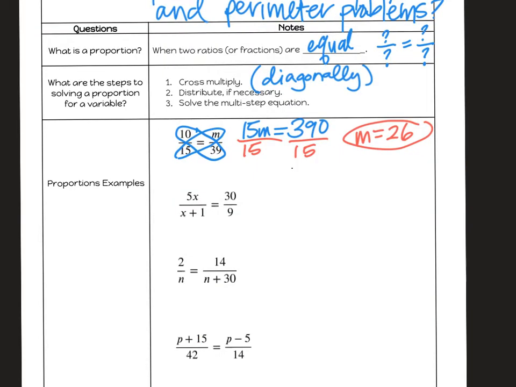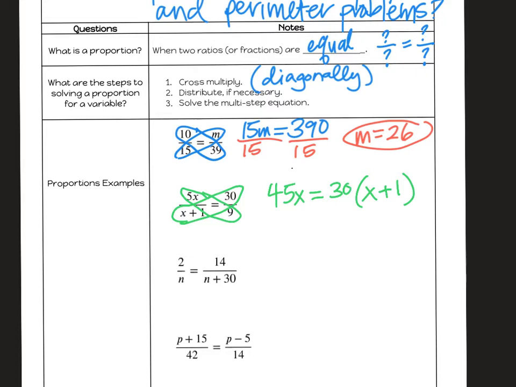All right, in this next example, we're going to do the same thing. So we're going to do 5x times 9, which is going to give us 45x. It doesn't matter which side of the equal sign you write it on. And then I'm going to do 30 times x plus 1. So I'm going to put that 30 on the outside of my parentheses, and in my parentheses, I'm going to put x plus 1 because I want to multiply 30 times the x and times the 1.